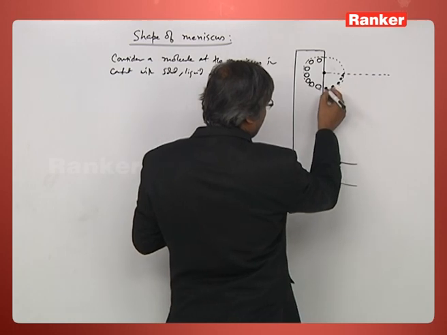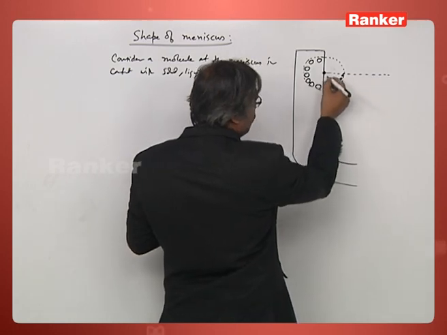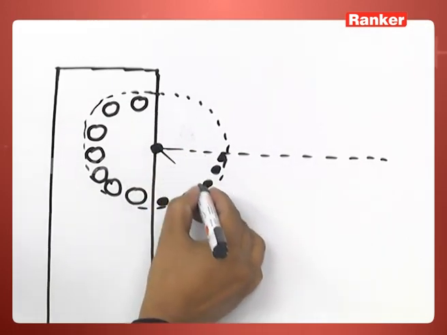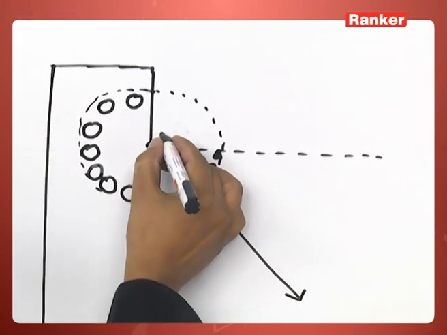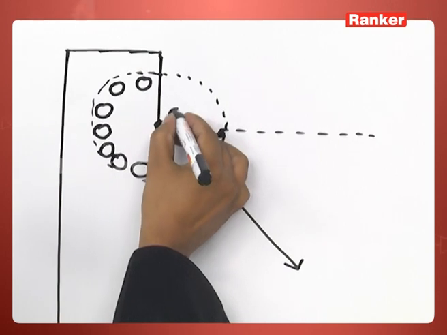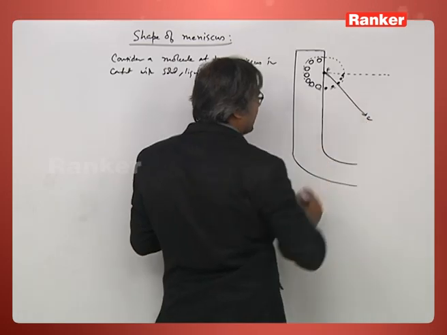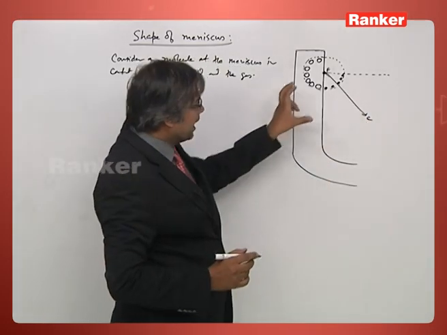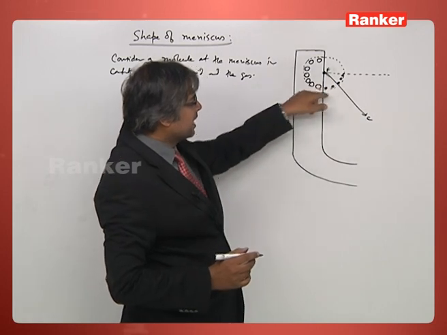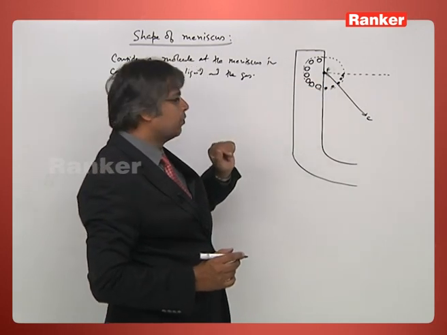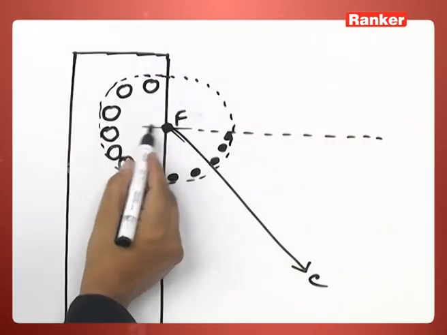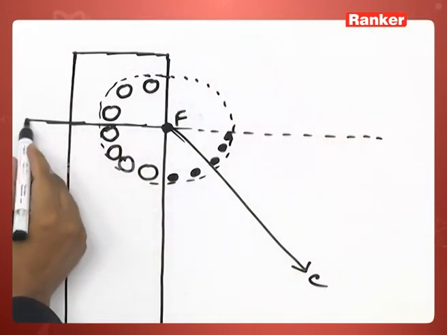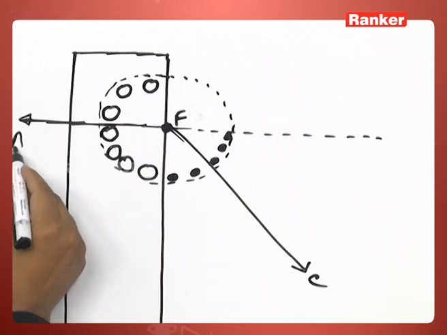Now you see here, it applies a force in this direction, and the resultant of this force is, suppose, FC. FC is the resultant of the cohesive force, and all the resultant of these adhesive forces will pass through FA.